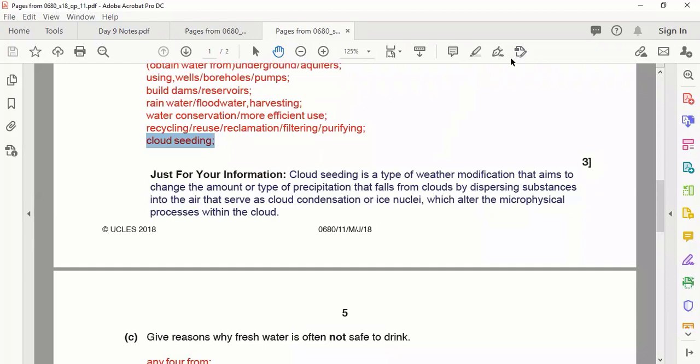Now, next question. Give reasons why fresh water is often not safe to drink. They're saying sometimes you will find fresh water that you cannot drink. What can be the reason? What do you think? We just discussed water pollution. So maybe the water is polluted due to what? Yes, waste.